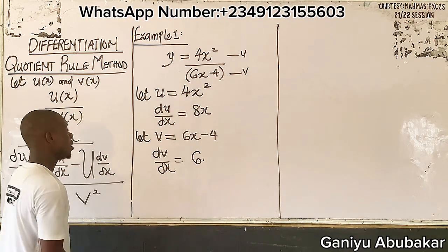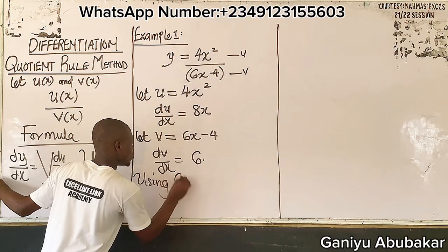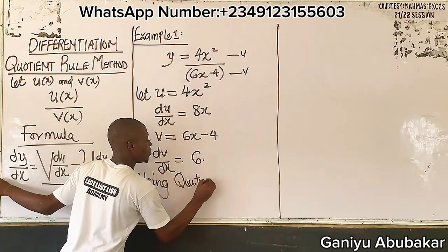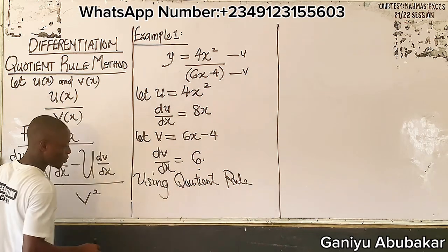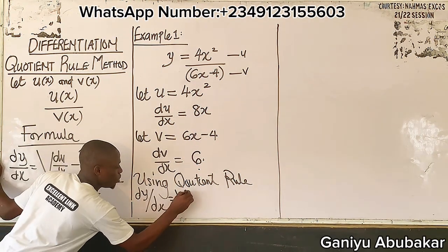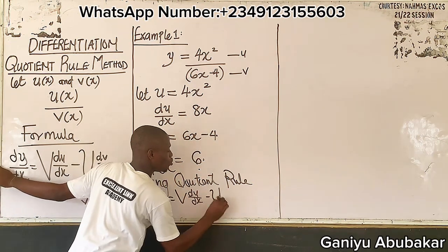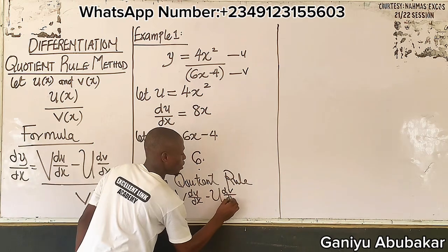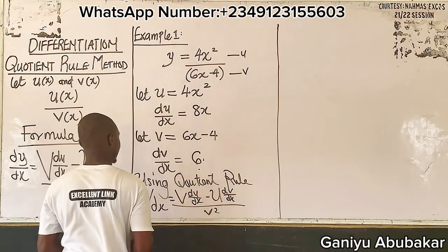I have this. At this point now, using the quotient rule, that says dy over dx is equal to v du over dx minus u dv over dx all over v squared.